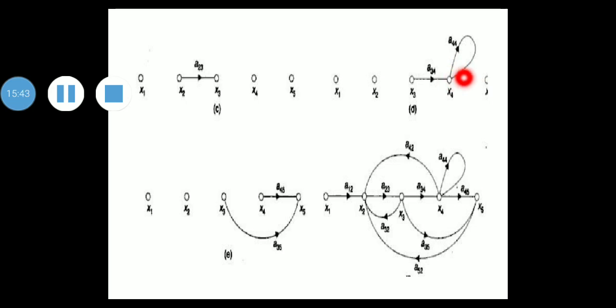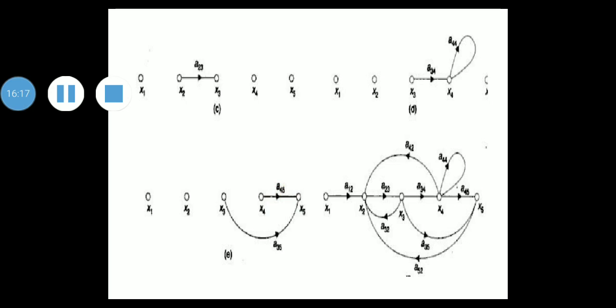So we have x4 is equal to a34 x3 plus a44 x4. Next, equation 5. What is equation 5? a35 x3 plus a45 x4. So here it is shown: a35 x3 plus a45 x4.